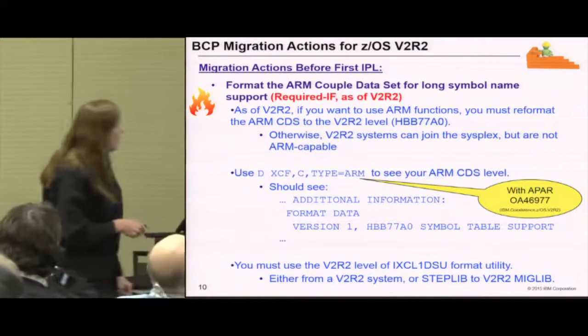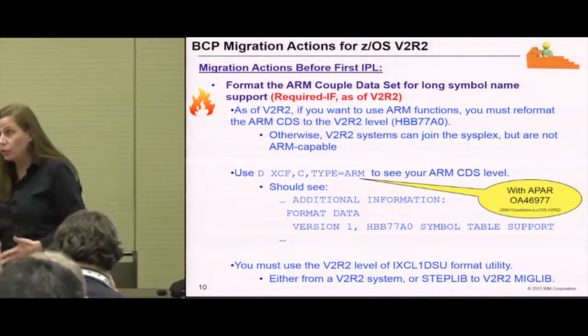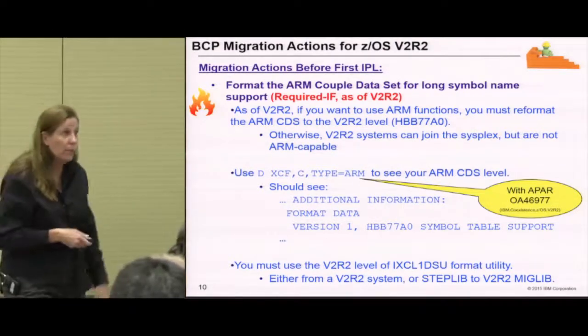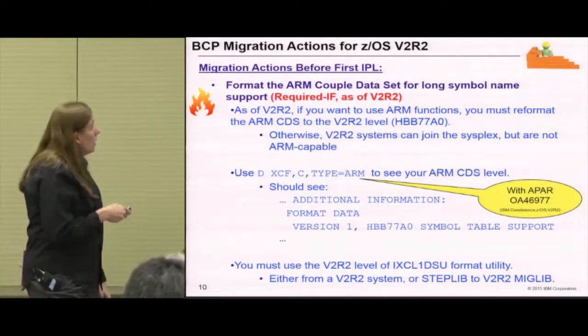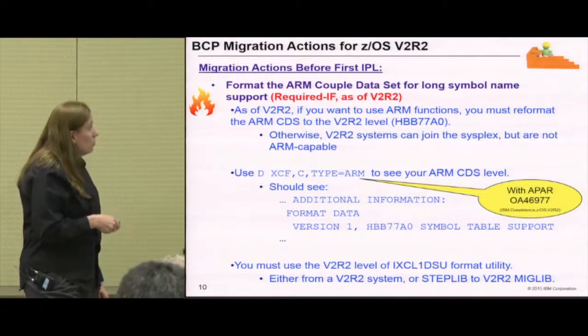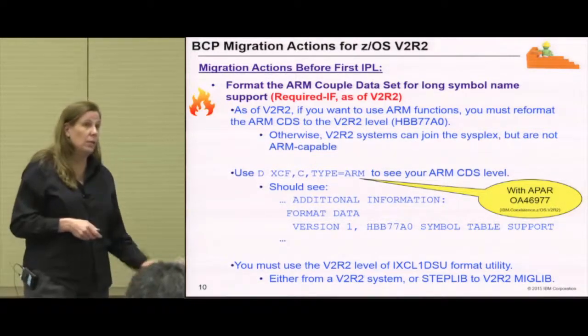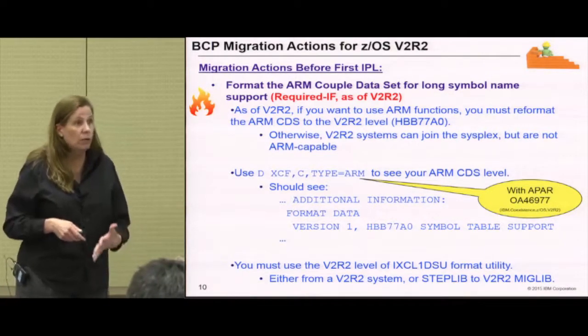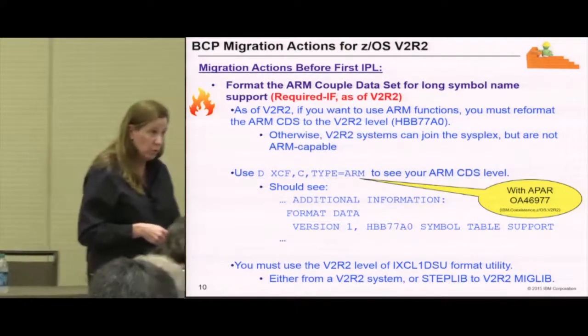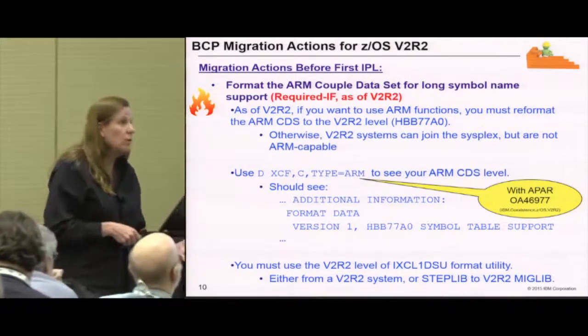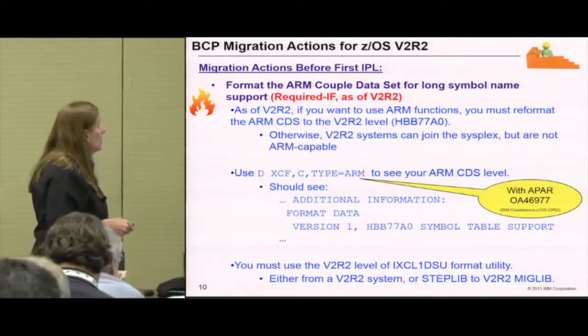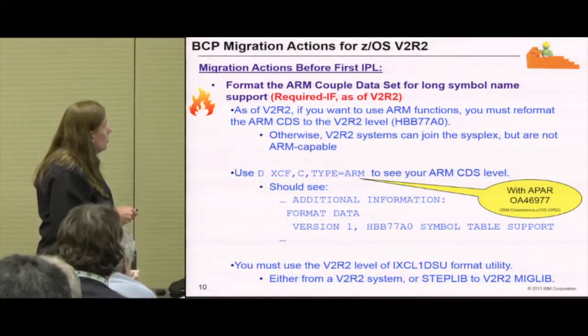Okay, speaking of coupled data sets, I wanted to mention on the next chart the ARM coupled data set, Automatic Restart Manager. Now this one is important. This is not just a recommendation, this is a requirement. If you are using ARM and you want to continue to use ARM, you must reformat your ARM coupled data set. Now it says in here, for long symbol name support.